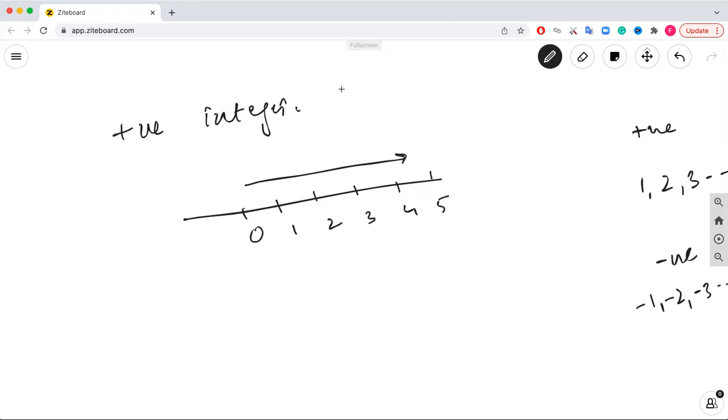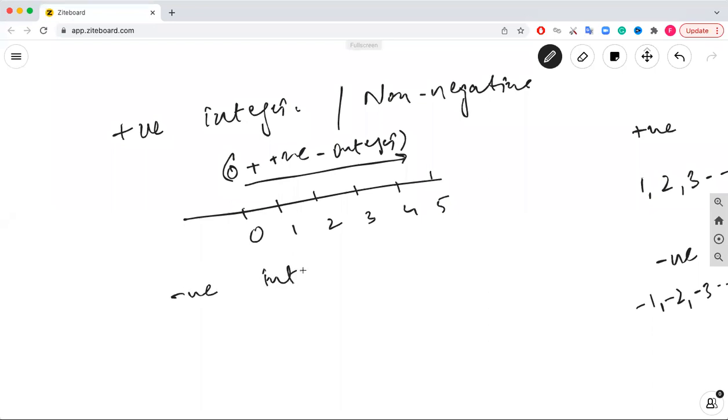The only difference is if we consider non-negative integers, we will add 0 in this. All of the positive integers and 0 are the non-negative integers. Is this clear now? Yes. And say likewise for the negative integers.